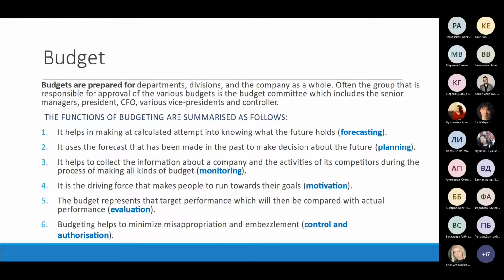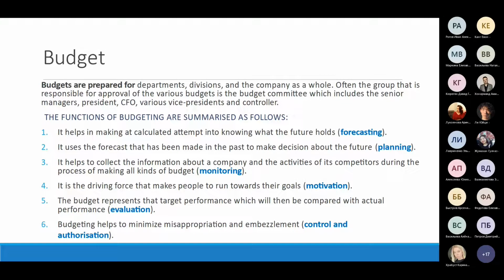So every company during the budgeting process should monitor the environment and competition around the company in order to satisfy the needs of the market and in order to be in trends and to look forward in understanding how to get some competitive advantage before the other companies. So this monitoring function is also very important.